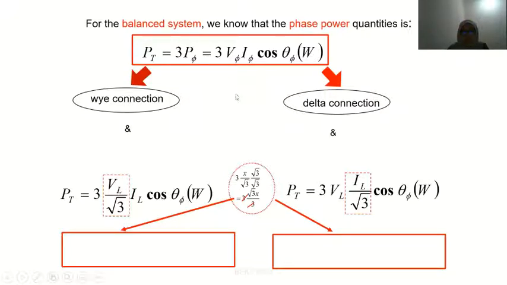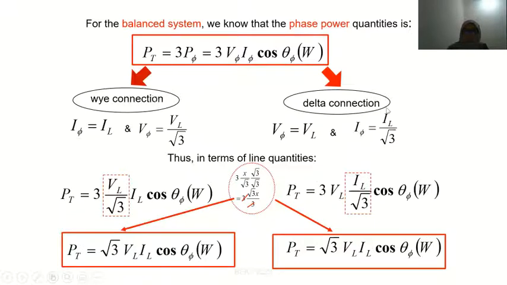Our three-phase balanced system can be connected in either Y connection or delta connection. We have two types of connection for the three-phase.